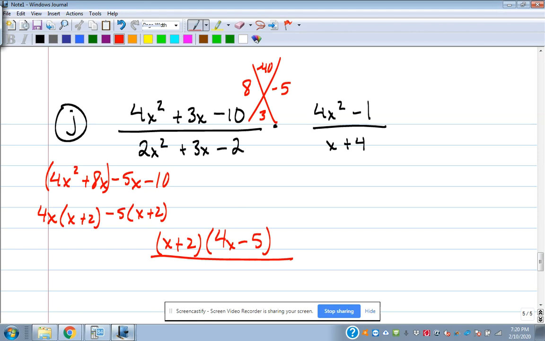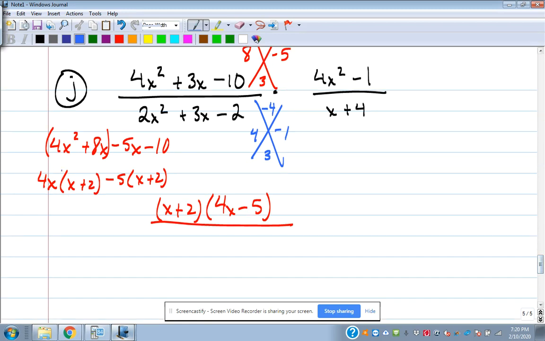Let's get the denominator using the same methods. Negative 4 had to be 3. That smells like something we've already done before. So that'd be 4 and negative 1. But it's different because I have to do the grouping.